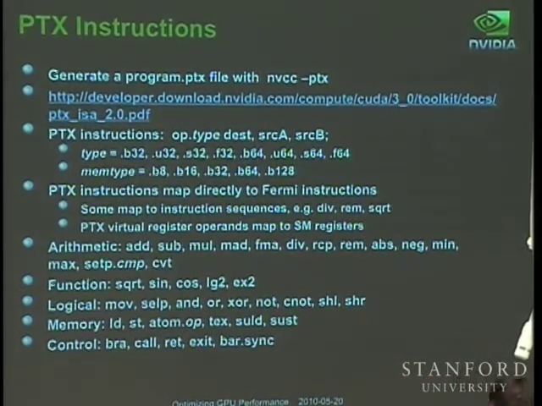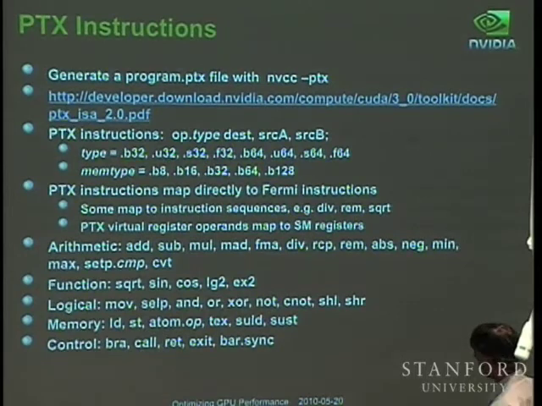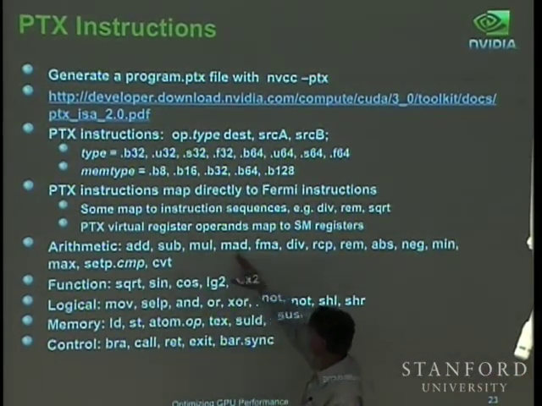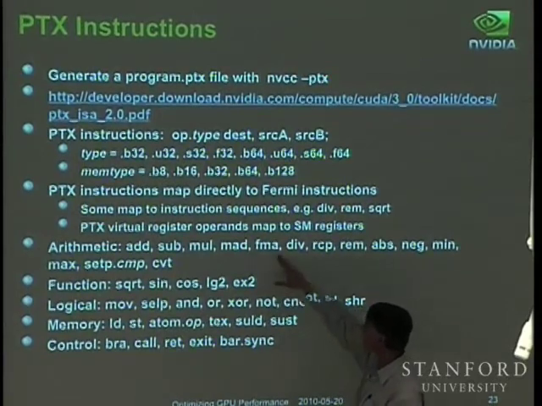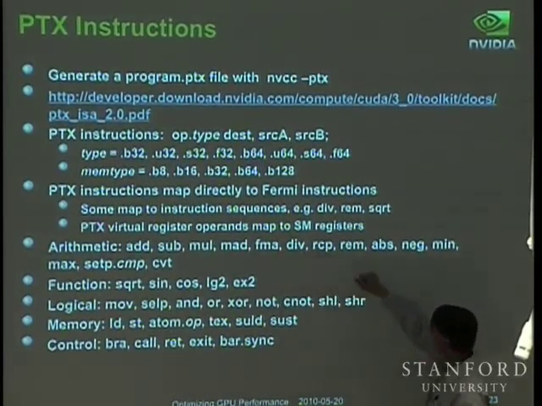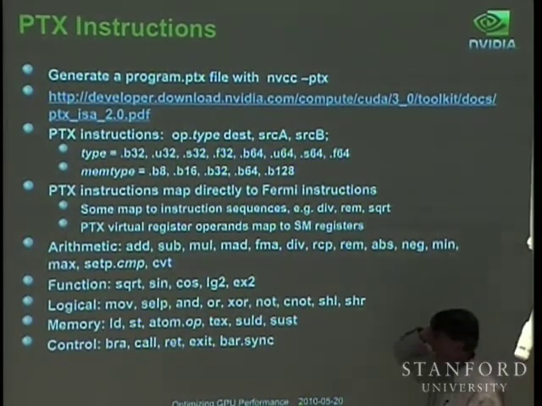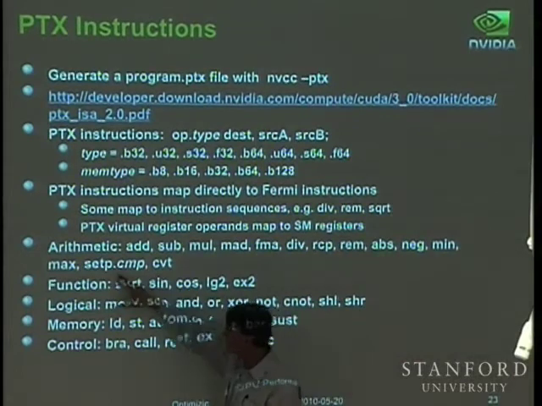So you can dump out the PTX and look at what the compiler is doing to your program, and look at the instructions. Typical instructions are add, subtract, multiply, multiply-add, fused multiply-add, divide, reciprocal, remainder, absolute value, negate, min, max. Set predicate means do some comparison operation.